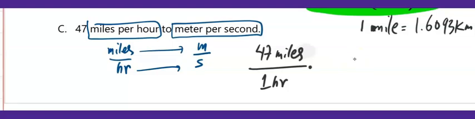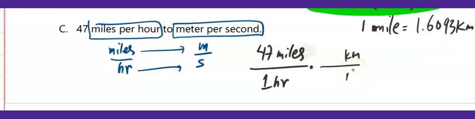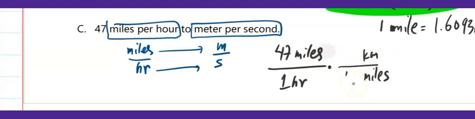So I will do a fraction here, with miles on the bottom because miles need to be cancelled, and kilometer on top, and 1 mile equals 1.6093 kilometer, right?